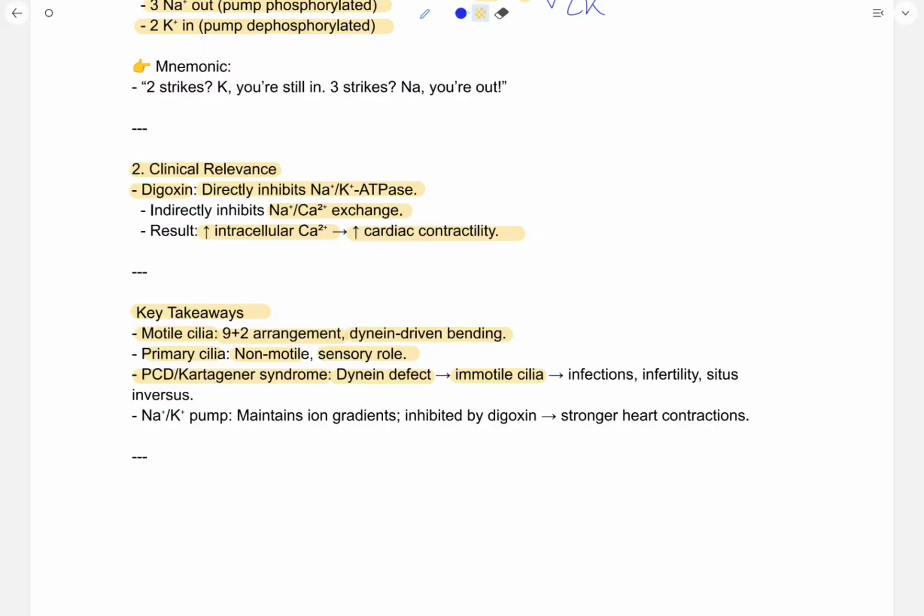When cilia are immotile, that causes infections, infertility, and situs inversus. The sodium-potassium pump maintains ion gradients and is inhibited by digoxin, which leads to stronger heart contractions. So these are our main points.